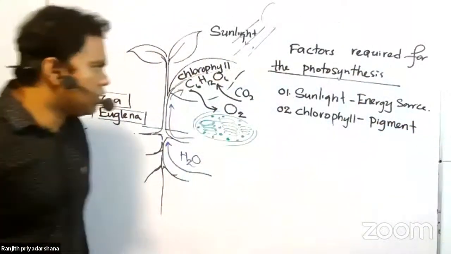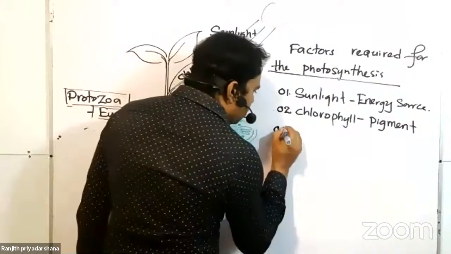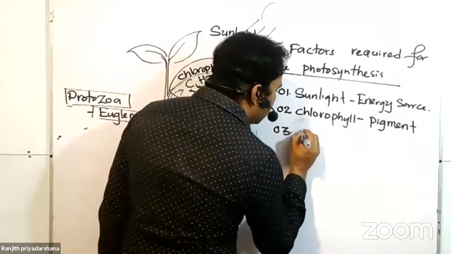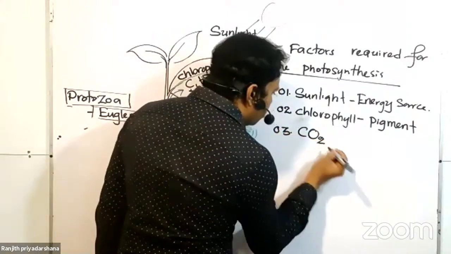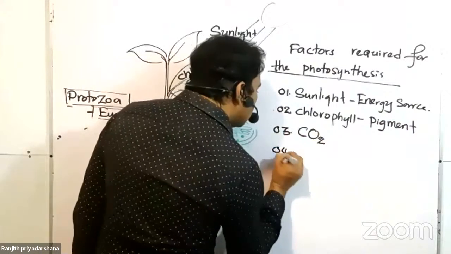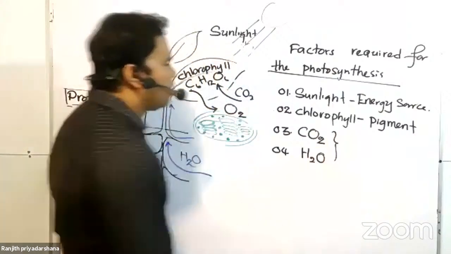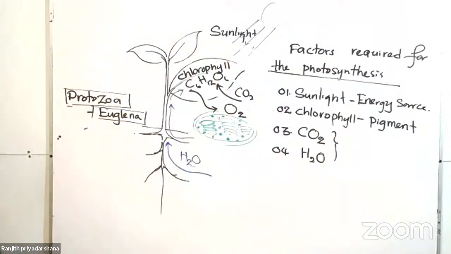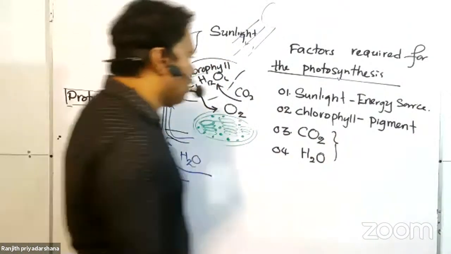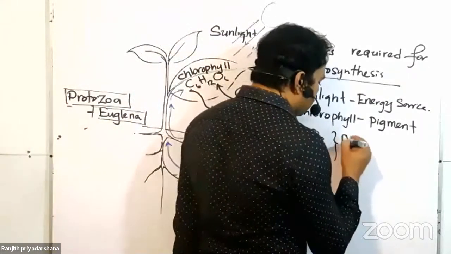Another factor, carbon dioxide, that's CO2. Another one is H2O. So they are the factors, actually they behave as raw materials.